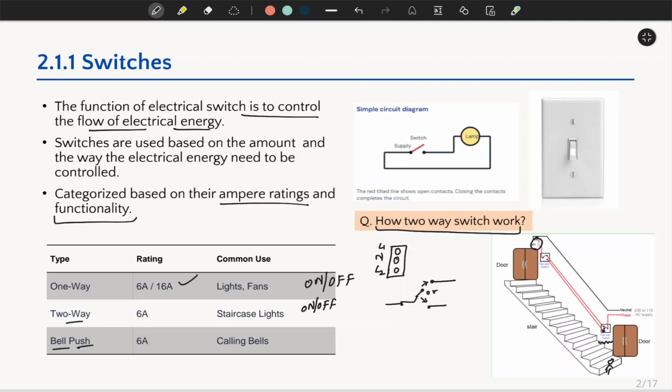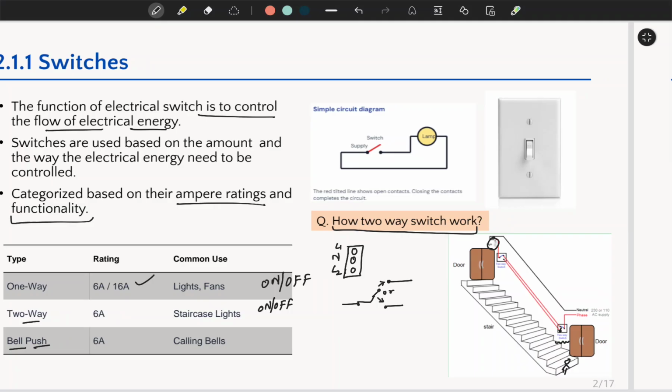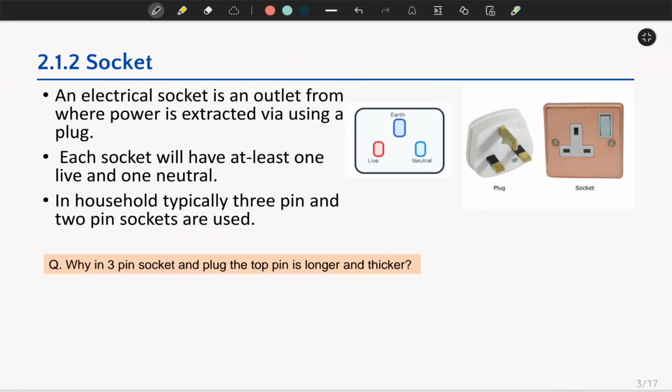The next part of this first chapter is socket. A socket is nothing but an outlet where the power is extracted using a plug. So this is a plug and this is the socket. In every socket there will be at least one live and one neutral.